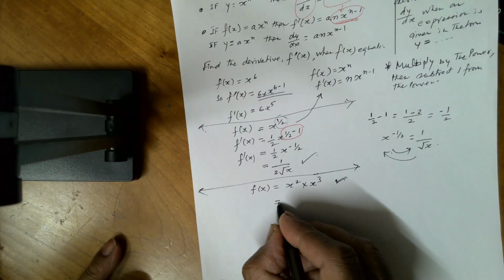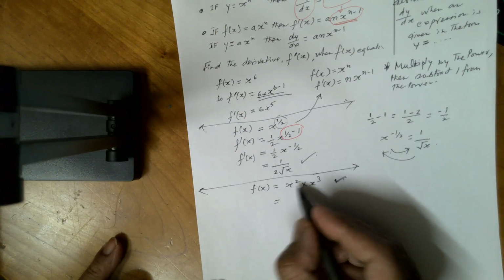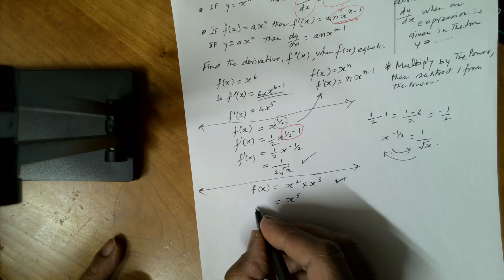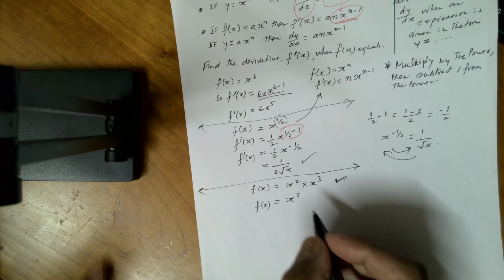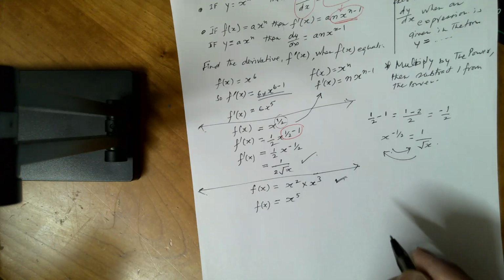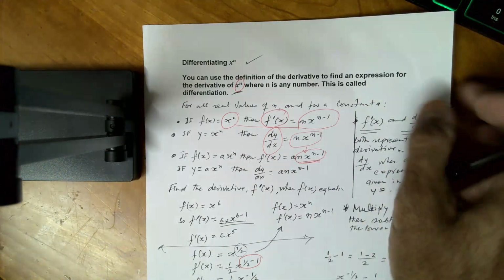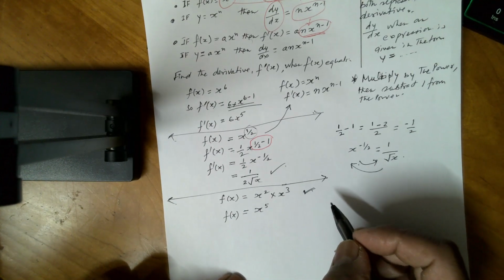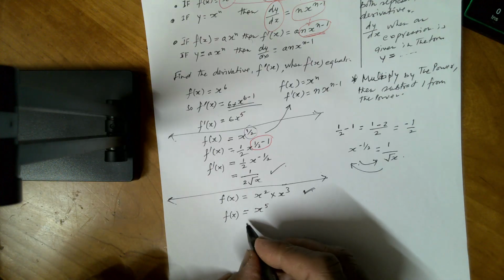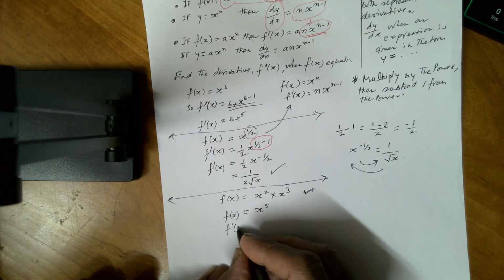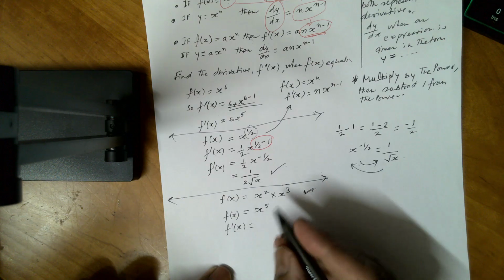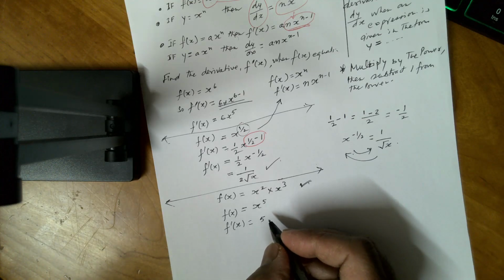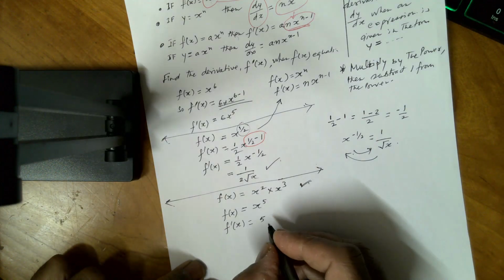So let's simplify this one first. What exactly does this mean? You add the powers, so then you got x to the power 5. So your f(x) is x to the power 5, then you will apply these rules. What will be the derivative? The derivative would be 5, same thing: multiply by the power, subtract 1 from the power.